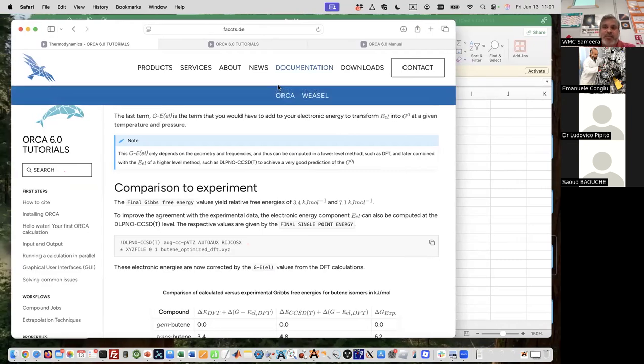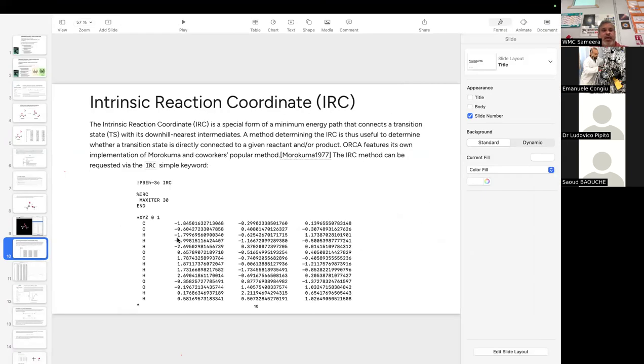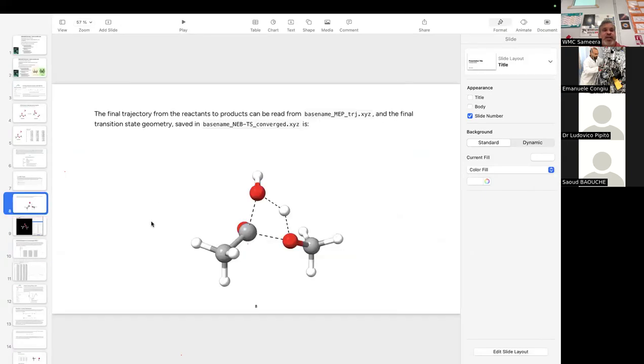Okay, let me summarize what I did. When you want to calculate a reaction barrier, you start from the transition state. So the first step is to locate the transition state, and the transition state can be computed using the NEB method.